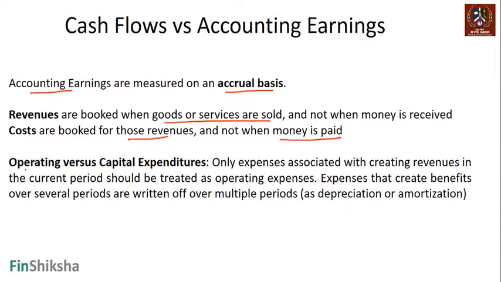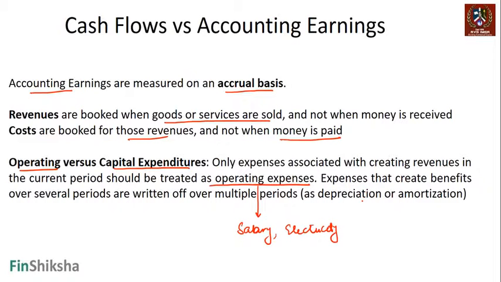We also need to understand what is operating versus capital expenditure. Only expenses associated with creating revenue in the current period should be treated as operating expenses. What would be examples of this? Salary is an example of this. Electricity cost is an example of this, right?